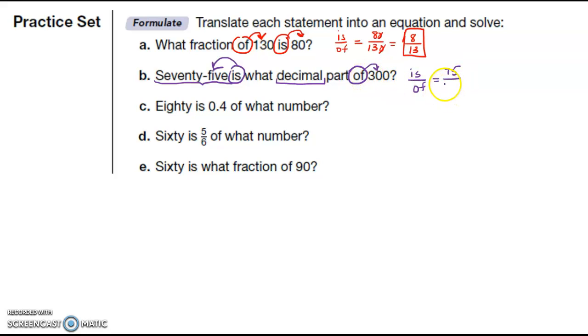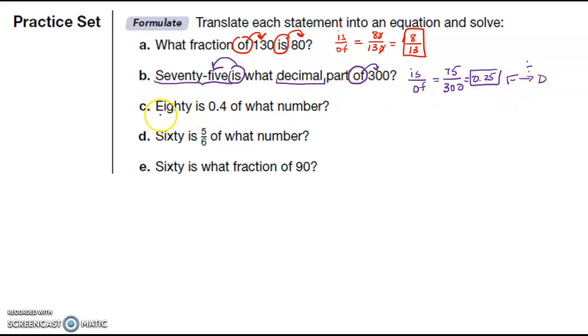We have 300 in the of. So now I have a fraction. And I know to go from a fraction to a decimal, I need to divide. So I'm going to take my calculator and divide 75 divided by 300. And I get 0.25.